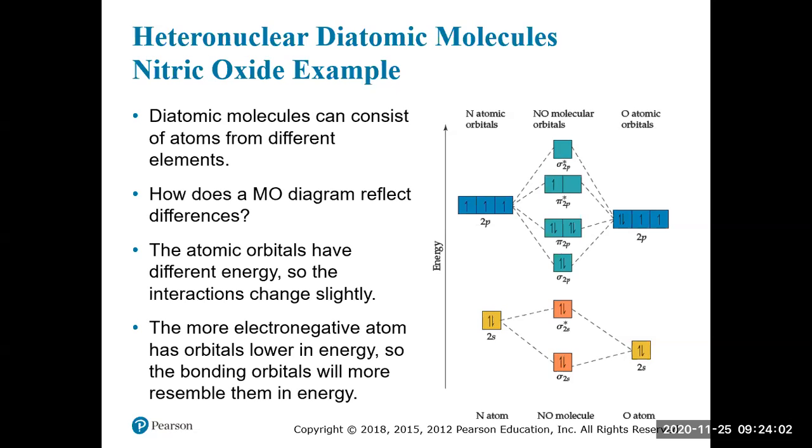Before, when we had two atoms that were the same, we knew those atomic energy levels were going to be the same. Now, with different atoms, the atomic energy levels are going to be a little different, and that can have an impact on the molecular energy levels as well.